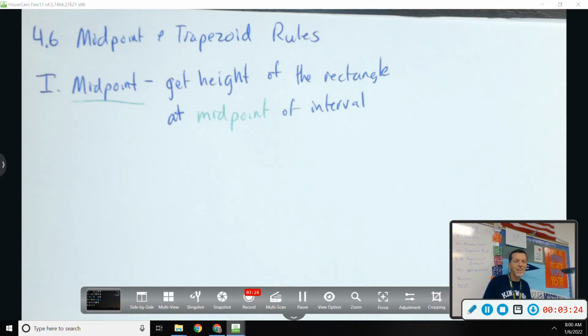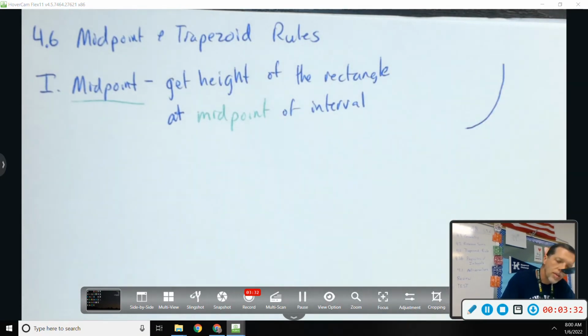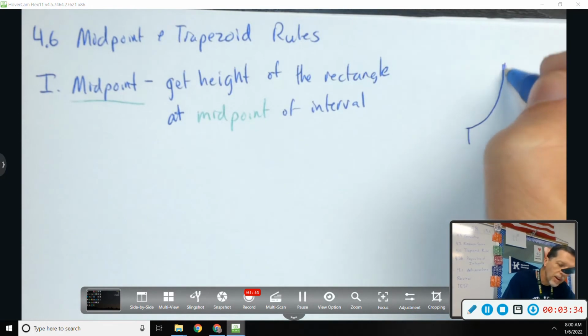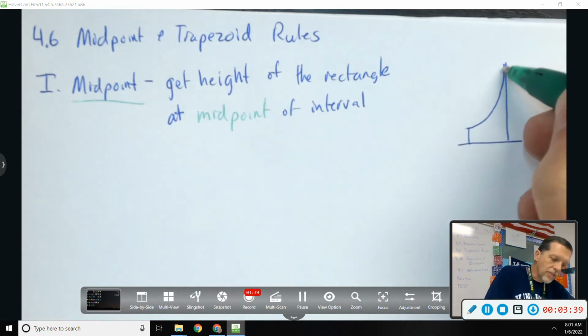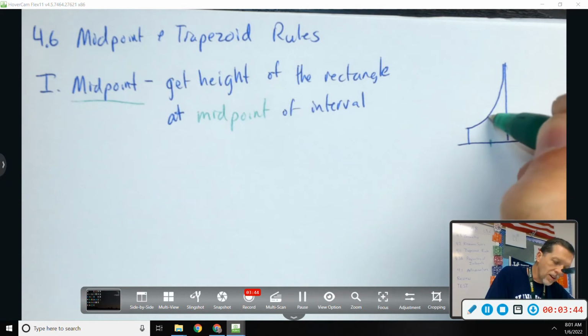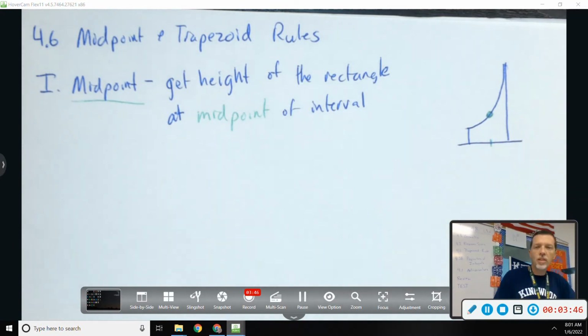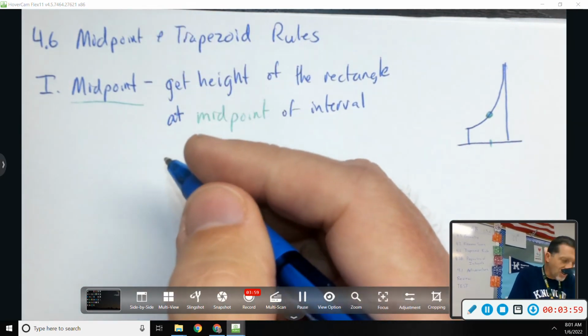If your rectangle looks like that, and you wanted the average height, well, the midpoint is right there, so you would use that height. That's not the average height, because this thing has some concavity to it. So midpoint height and average height don't necessarily give you the same thing.